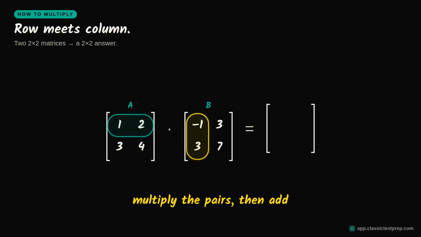Let's find the first term, meaning the term in the first row and the first column of the answer. We multiply the entries of the first row of matrix A by the entries of the first column of matrix B. So I multiply 1 times -1, and I add 2 times 3. -1 plus 6 is 5.